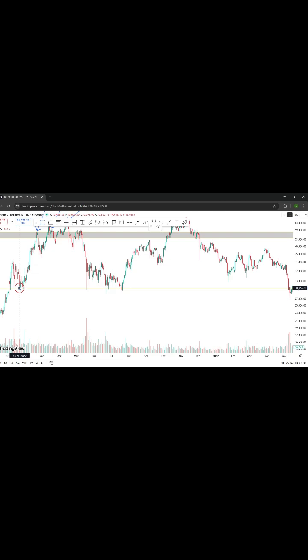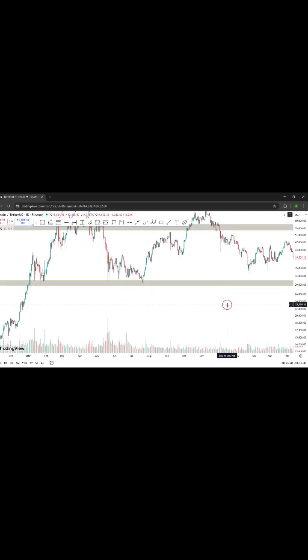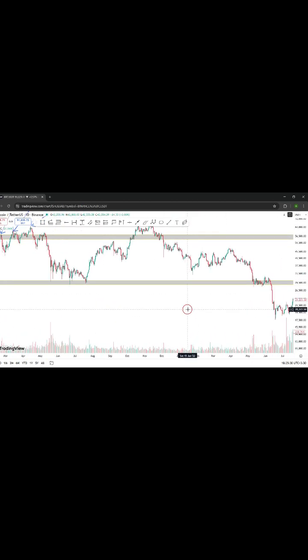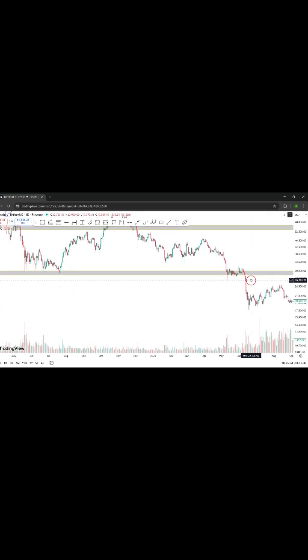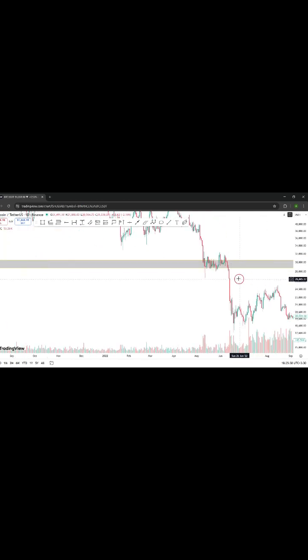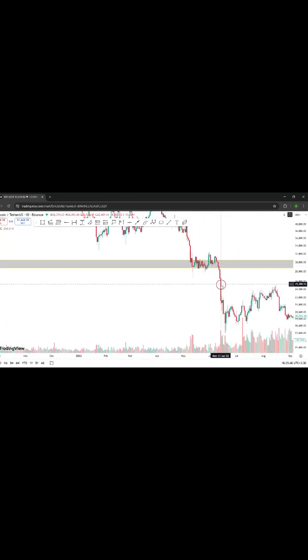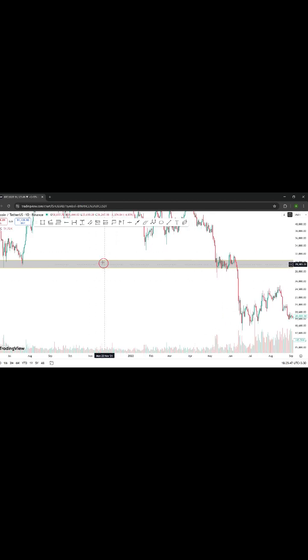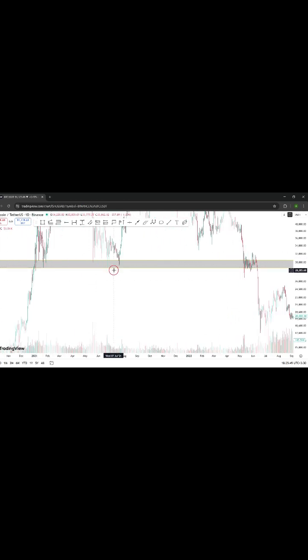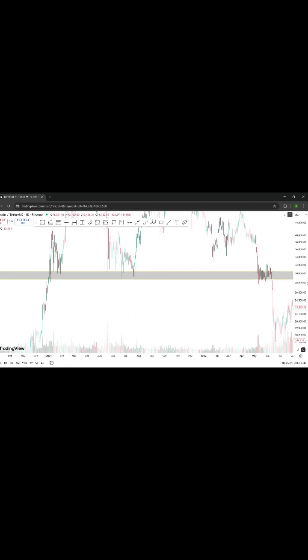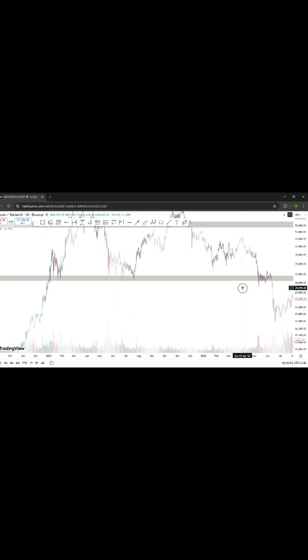As you can see, we have a support area. I said the area changes its characteristic when there is a big, strong movement. For example, with this bearish candle, it means that this area is no longer the support area, and maybe it will be a resistance area.